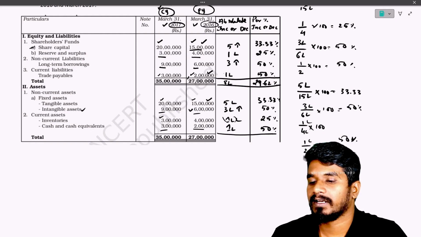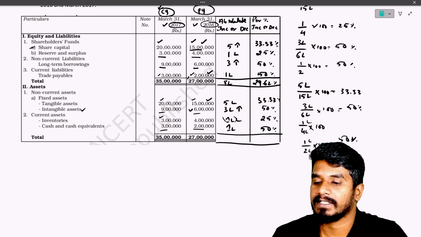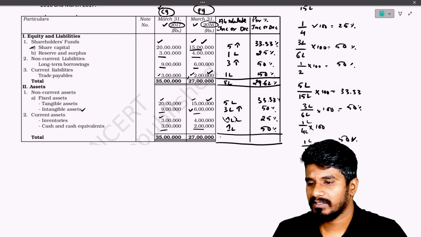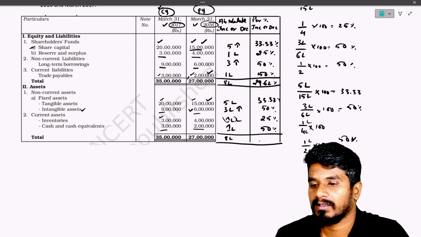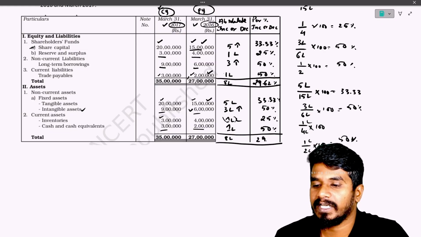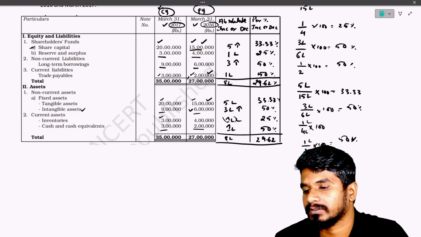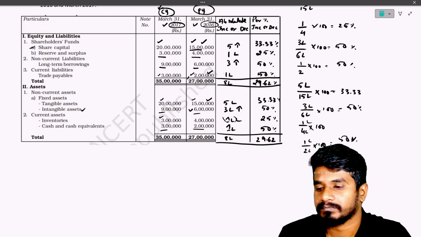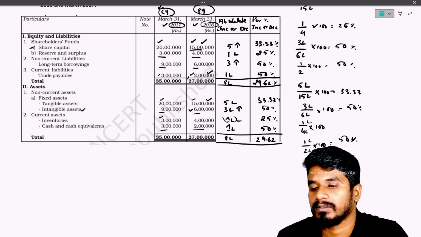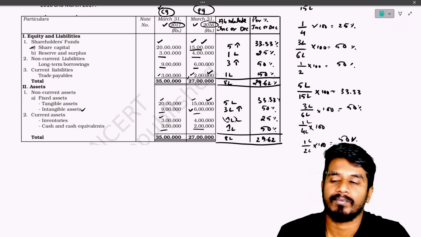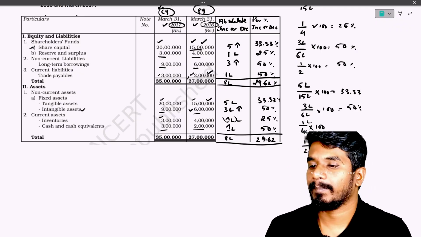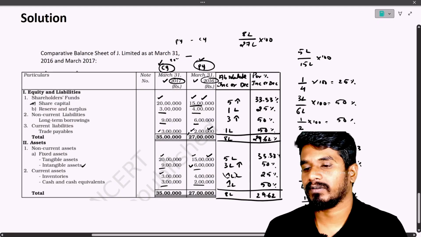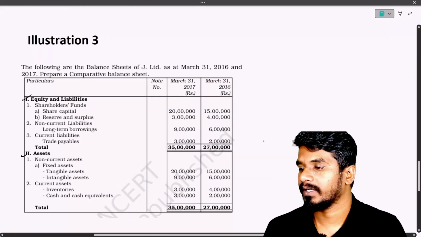Now we need to calculate it for total assets. The same changes. 8 lakh is the change. We need to compare it with the base year, and it will come out 29.62. So this is how we will prepare comparative balance sheet for the question given here.